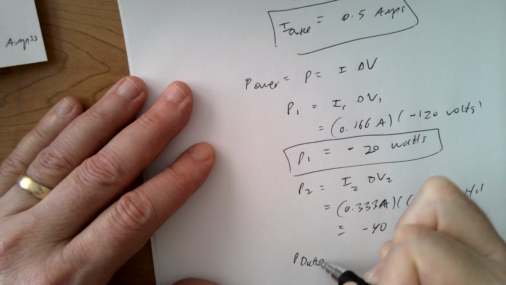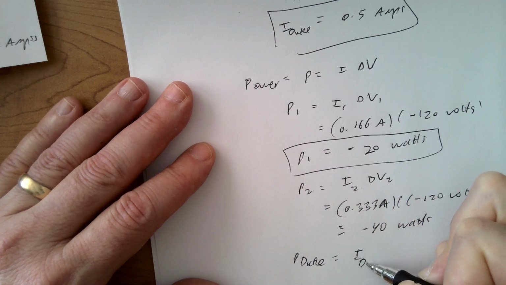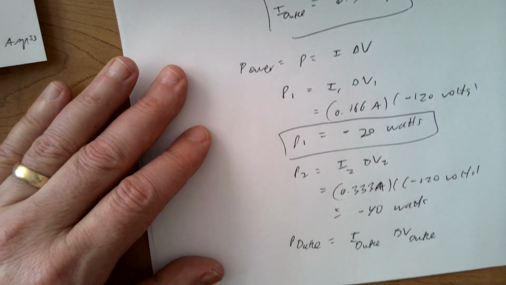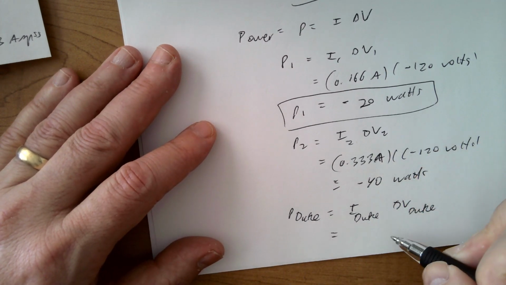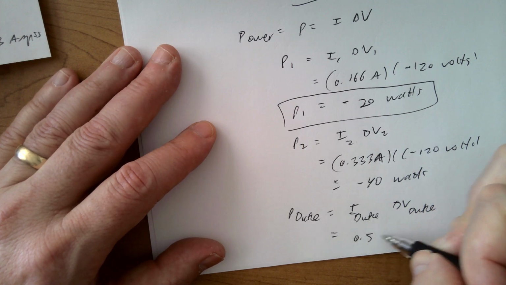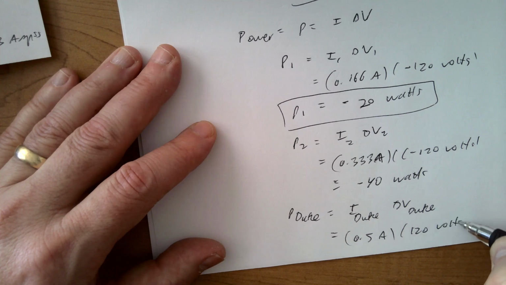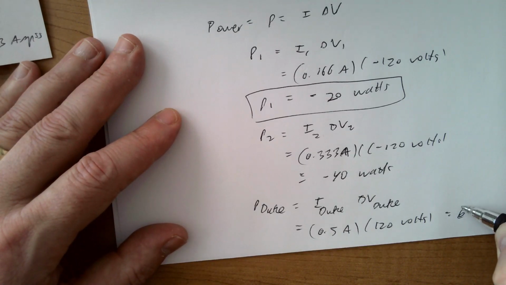P of Duke is I of Duke delta V of Duke. Well, I of Duke is half an amp. Delta V of Duke is 120 volts. That makes 60 watts.